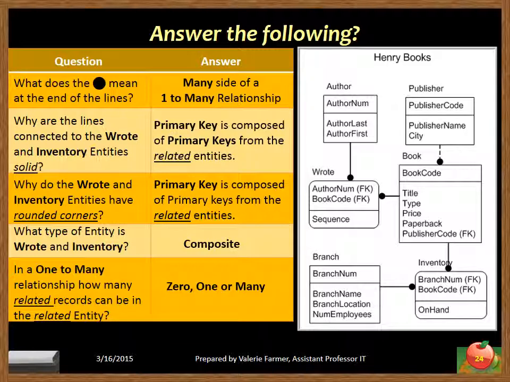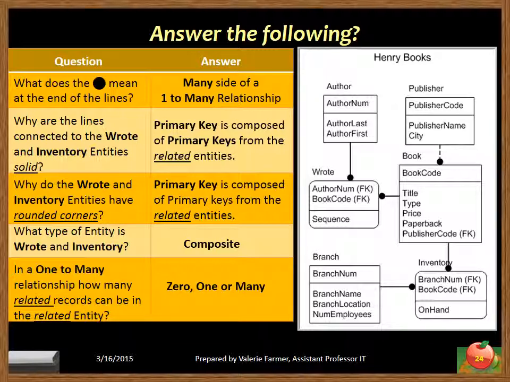If Henry Books has just made arrangements with a new publisher, and the publisher has not published any books, or they haven't shipped them any books to sell, there is not going to be a publisher code for that publisher in the book table at that point. Now, once books start coming in from that publisher, then there will be related records in the book table.